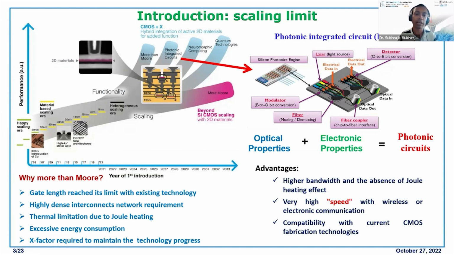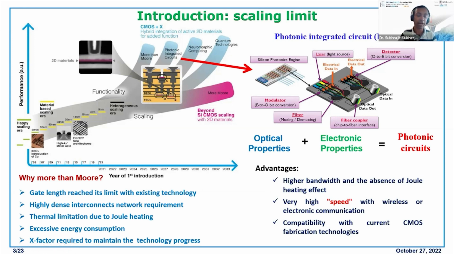And we know that in the early 2000s, there was a happy scaling era in terms of Moore's law, in terms of device miniaturization. And as time passes, it is very difficult to increase the number of transistors in a single chip. So we have already reached that limit.